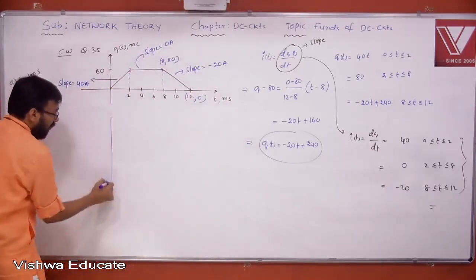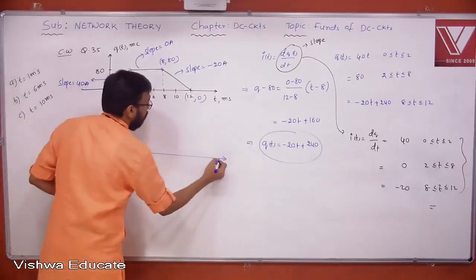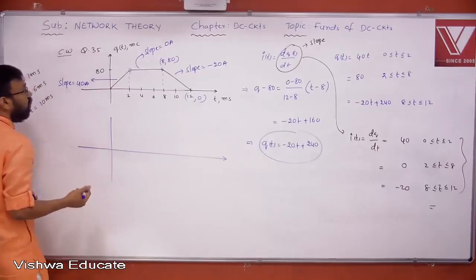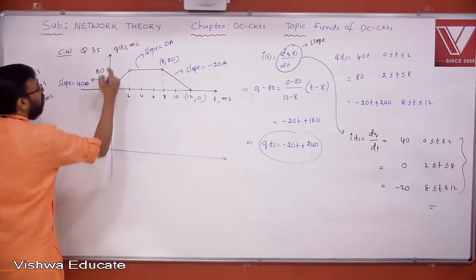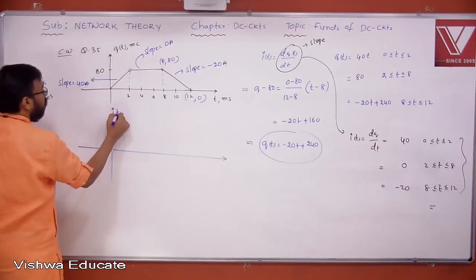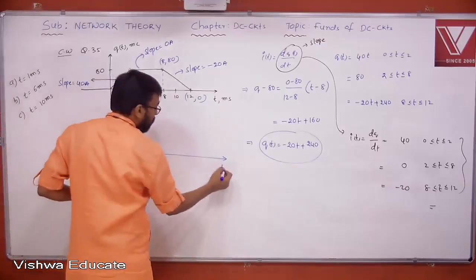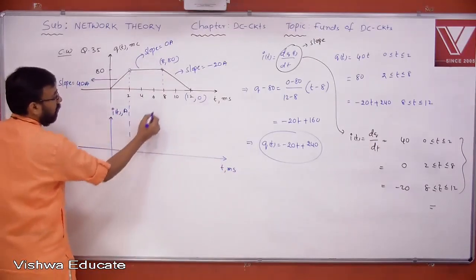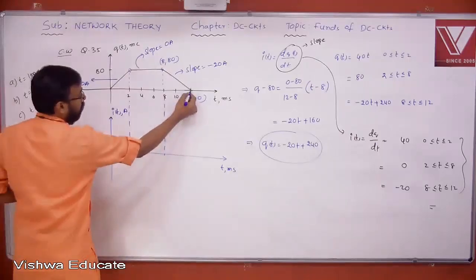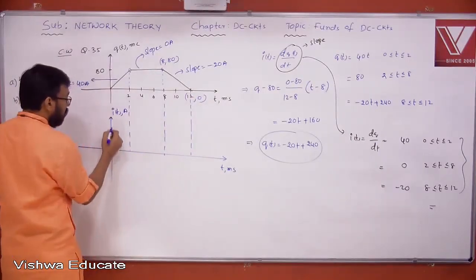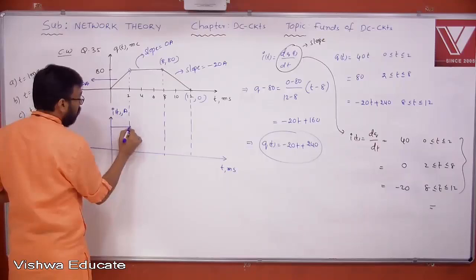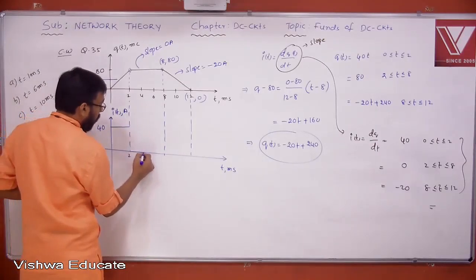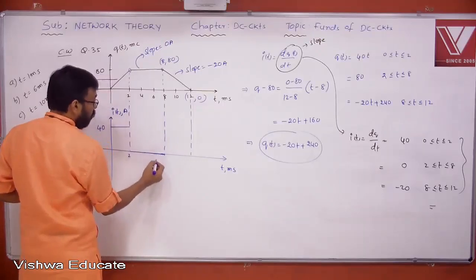I can also even construct, it is not asked in the problem, but I am doing it. We'll try to construct the current waveform for a given charge waveform. I of t will be in amperes, and time is still in millisecond only. Now look at this. From 0 to 2, what is it? 40 ampere. Now 2 to 8, what is it? 0.